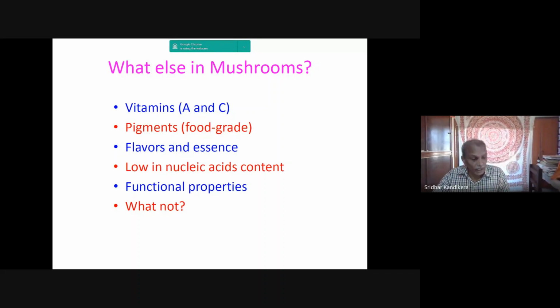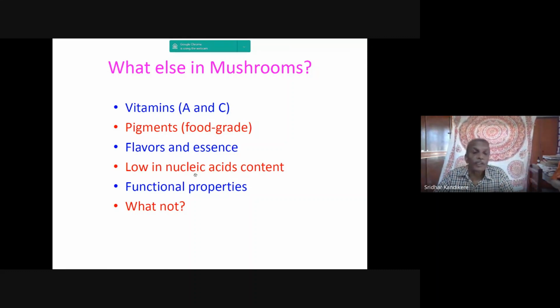Therefore, it is not feasible for human nutrition. But for cattle or livestock, it is okay, because they are not affected by a high amount of nucleic acid. They will not suffer from kidney stones because of high nucleic acid. So for human beings, the nucleic acid content is less in mushrooms, and it is valuable.